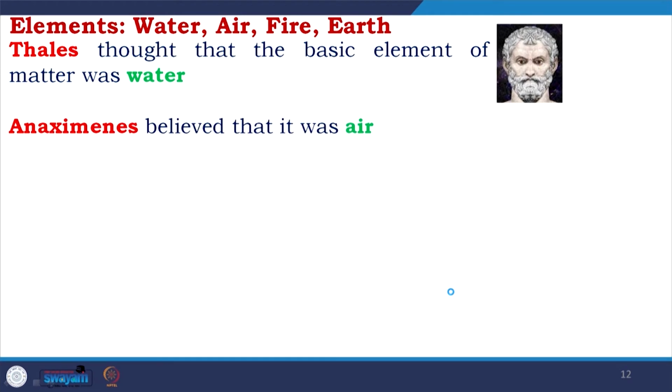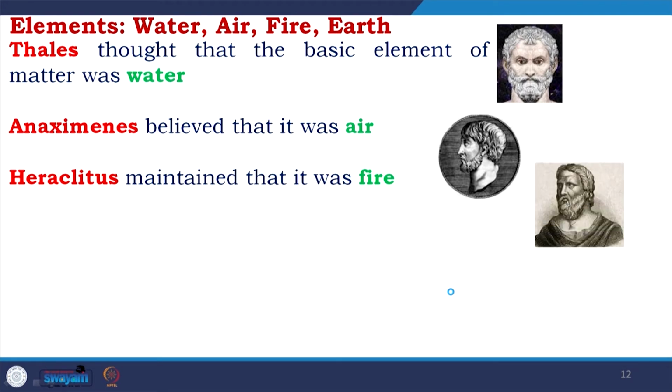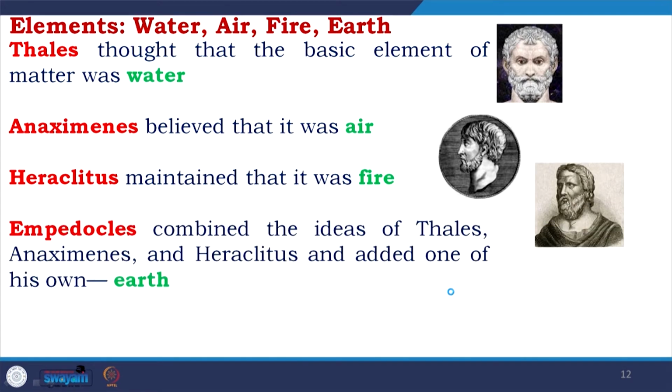Anaximenes believed that it was not water, it was air. This is Anaximenes. Heraclitus mentioned that it was fire. Empedocles combined the idea of water, air and fire and included his own, which is earth.